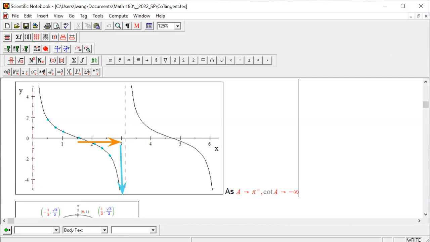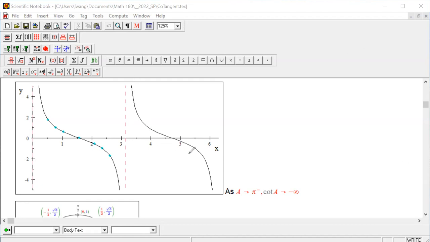Now, that's the first quadrant, second quadrant, third quadrant, and fourth quadrant. We're not plotting the points for the third and fourth quadrants; I leave that for you.